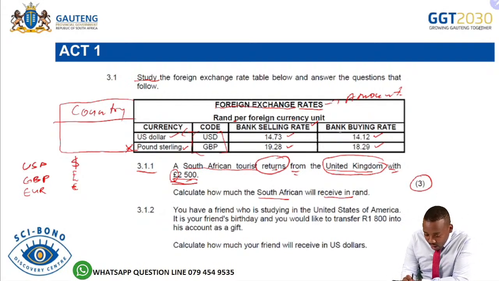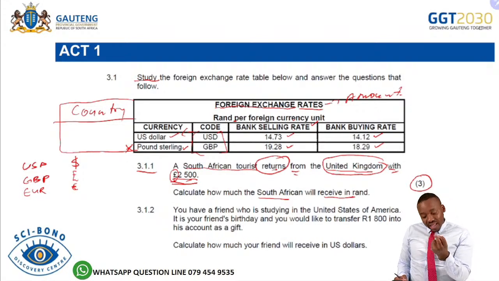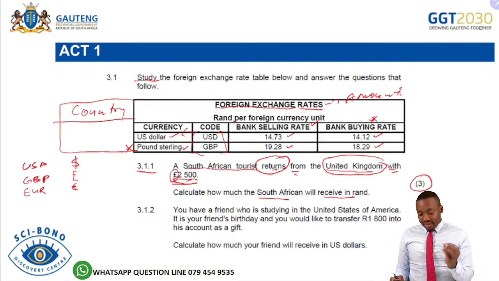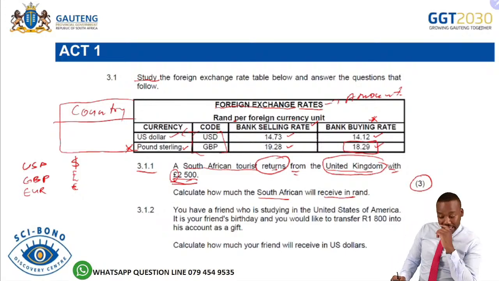Which exchange rate now will this person use? Calculate how much the South African will receive in rands, right? Now this person wants the rands from the bank. And what is the bank doing? The bank will be buying the foreign currency from the tourist. So the exchange rate to be used will be 18,29.